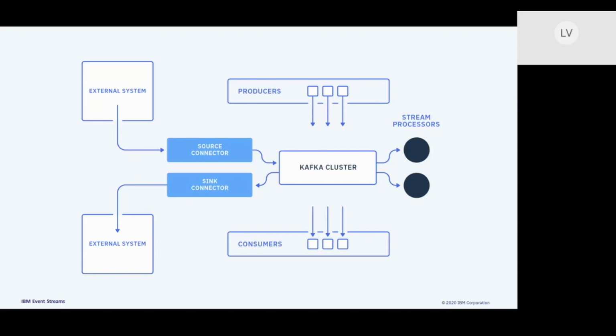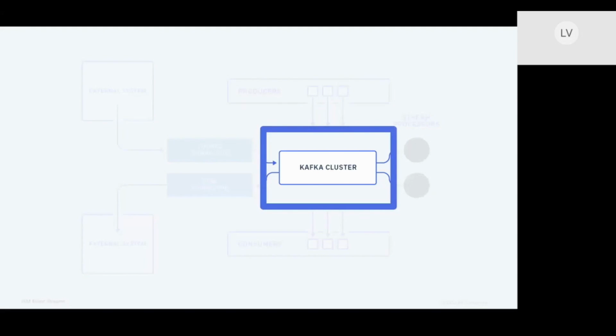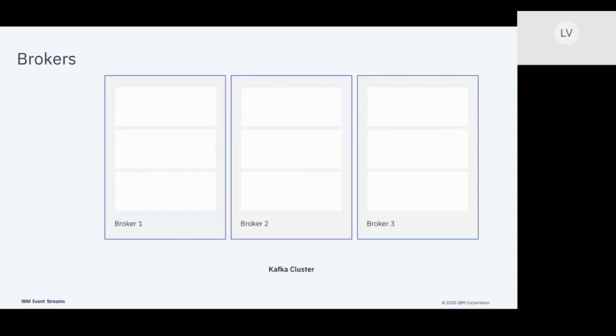So let's talk about the Kafka cluster. You know what it is when you talk about a cluster. Most of the time this is a machine running different containers or different virtual machines, which could be in different locations.